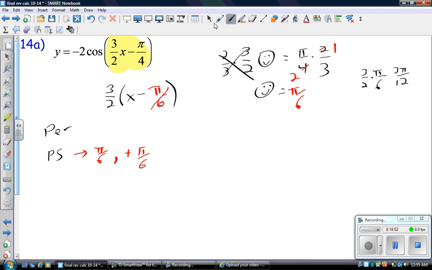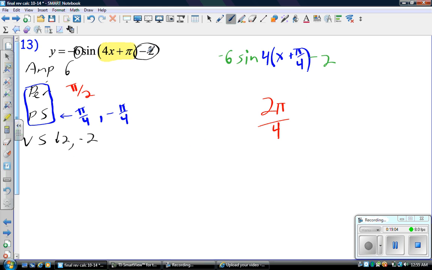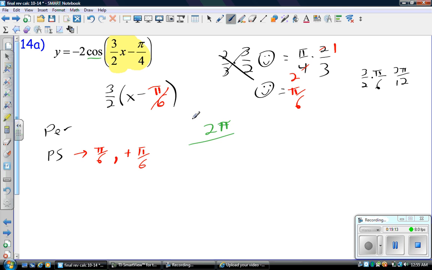What's the normal period of a cosine? The normal period of a cosine is 2 pi. And I divide that by this number, just like on the previous one, where I took the normal period of sine and divided by the number that I factored out. So 2 pi divided by 3/2. I can multiply by the reciprocal.